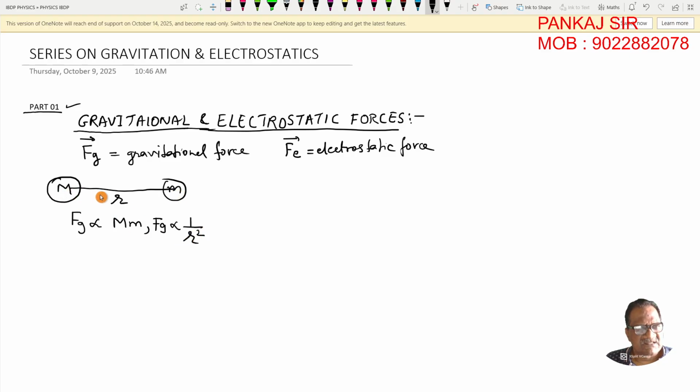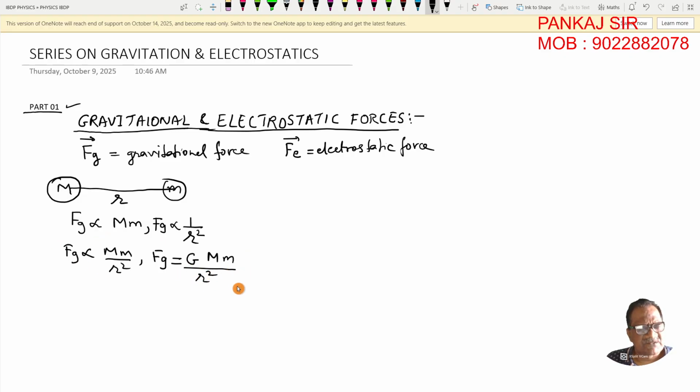The distance between them being r, so the force of gravity will be proportional to 1 by r square, or inversely proportional to r square. Combining these two, you get Fg proportional to capital M small m upon r square. If you replace this proportionality sign by an equal to sign, you get a constant called G, and Fg will be equal to G capital M times small m divided by r square.